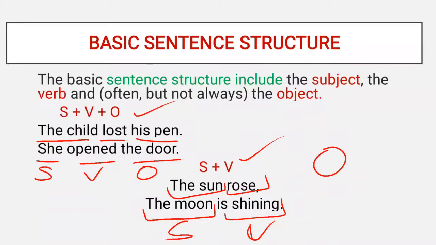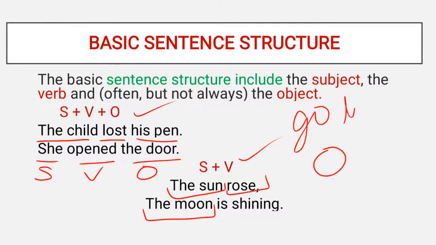Even if you want to speak the shortest sentence like go there. Now this is an imperative sentence. Here also you require a verb. Go.